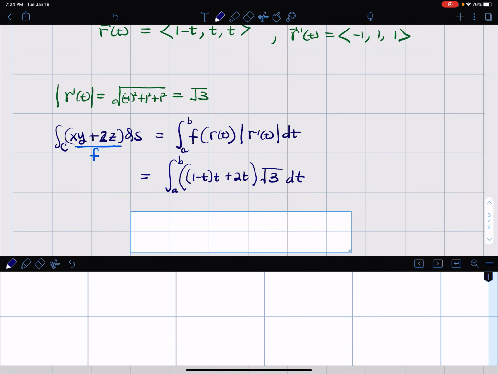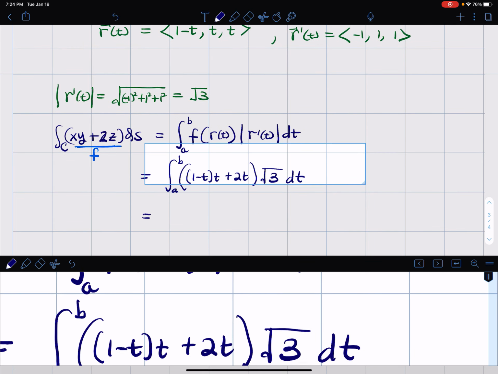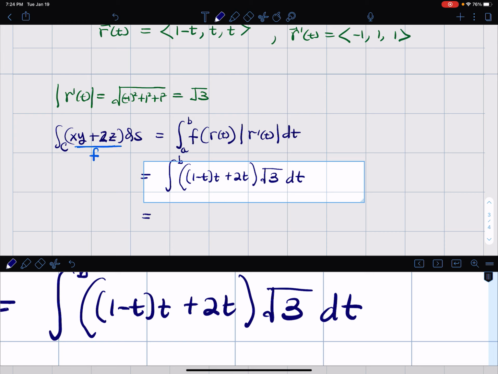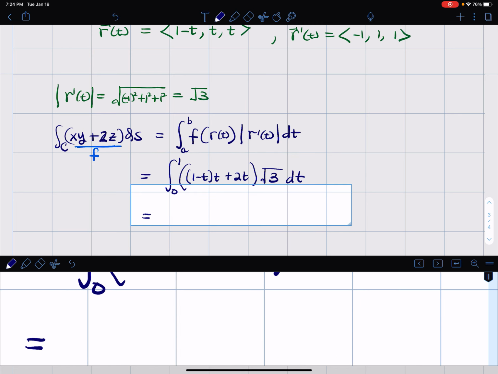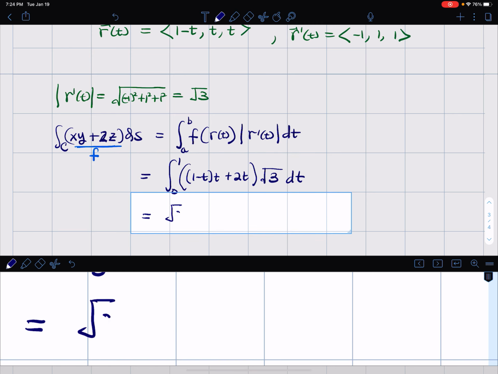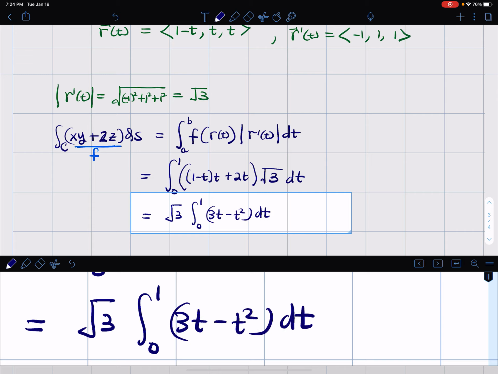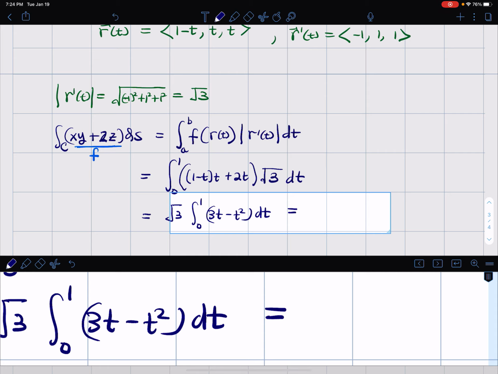Our a is 0, our b is 1. It's going to give you the integral, factor out the square root of 3 because it's a constant. And this is going to give you 3t minus t squared dt. This is a very easy integral that amounts to 7 square root of 3 over 6.